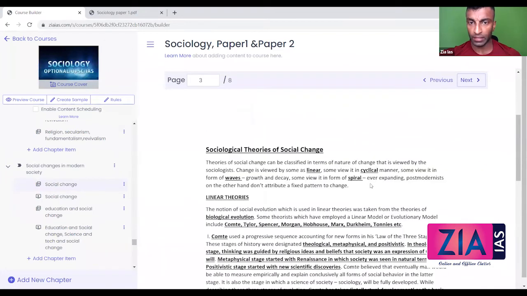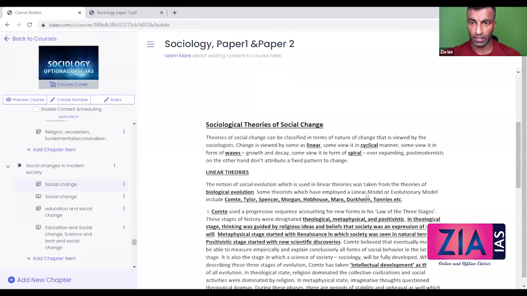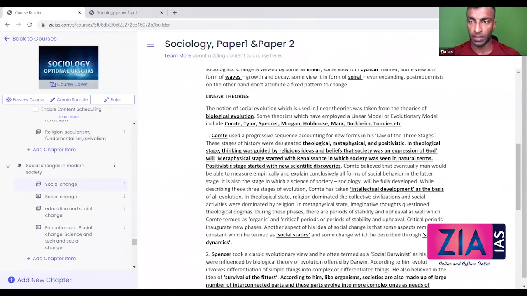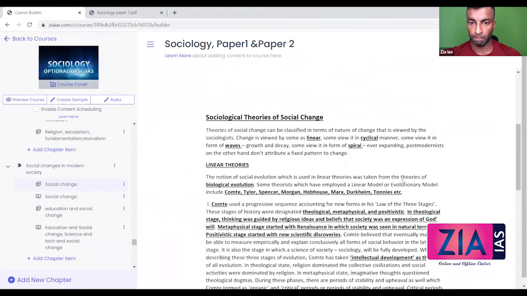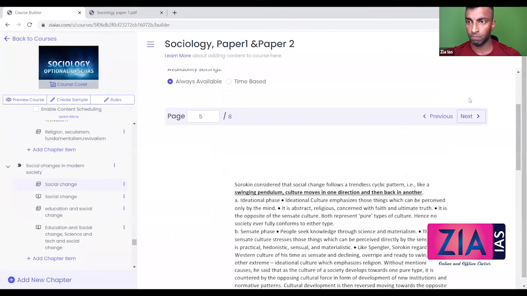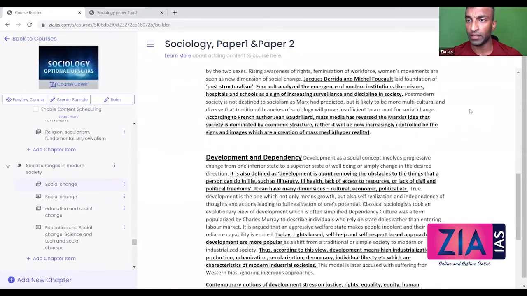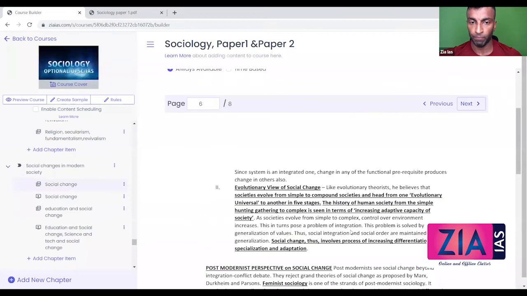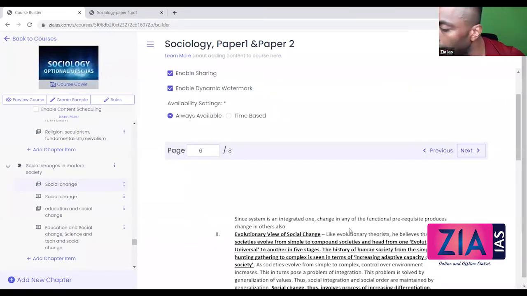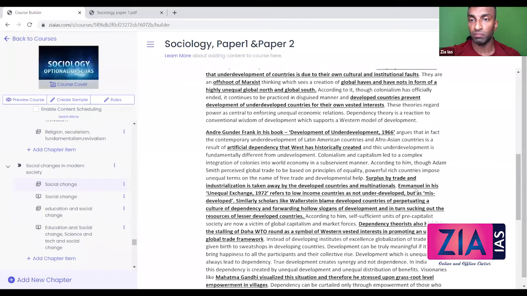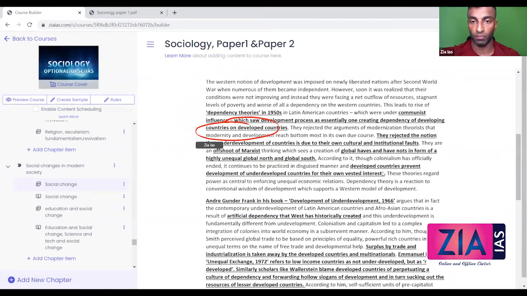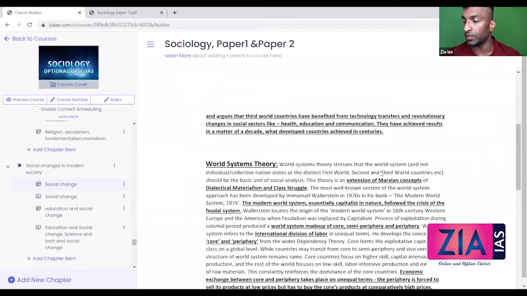Linear theories, and dependency theories will come here, guys. Here is where I have discussed it. Cyclical theories. Development and dependency are related to this only. Who are the dependency theorists? Mainly Andre Gunder Frank and Immanuel Wallerstein, world system theory. These are the dependency theorists.